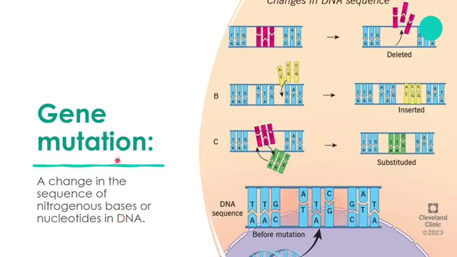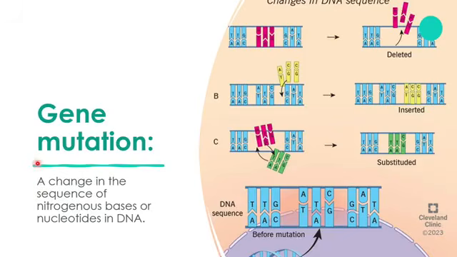Now, normally they link this mutation to DNA coding. So if they ask questions with DNA replication, protein synthesis, normally this mutation is linked to that section of the work.